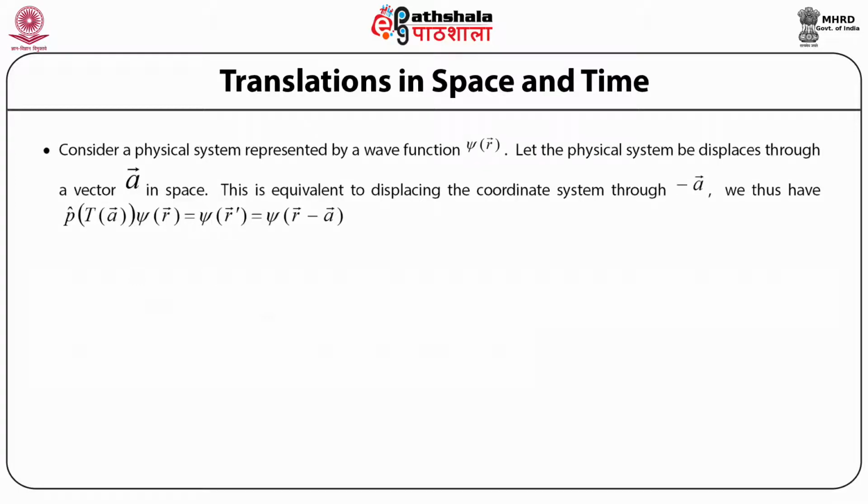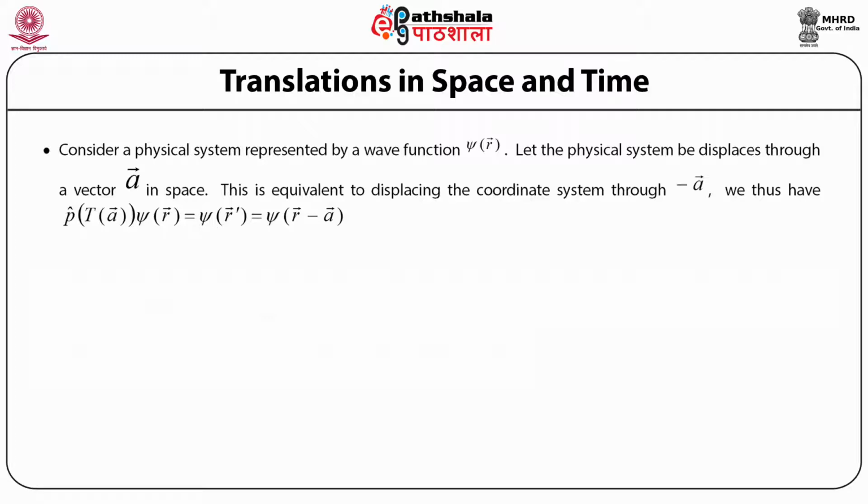Let's consider the symmetry operations of translation in space and time on a quantum mechanical system. Consider a physical system represented by the wave function psi of r. Let the physical system be displaced through a vector a in space. This is equivalent to displacing the coordinate system through minus a, and we thus have the symmetry operation of translation, which we represent by P hat T of a acting on psi of r.